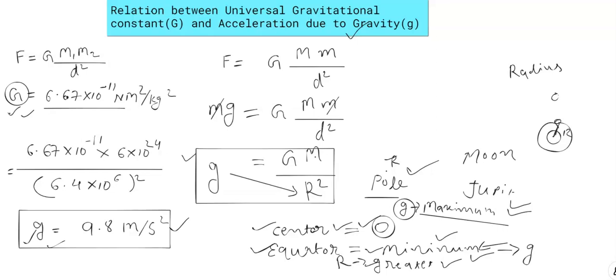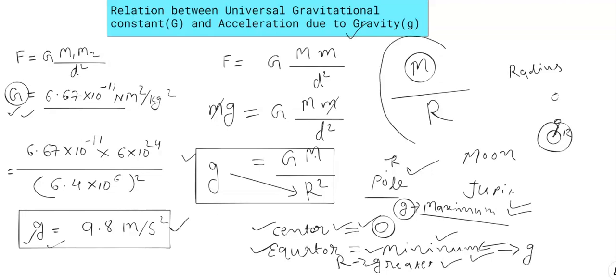So if the question comes on which components the acceleration due to gravity depends, it is the mass of the earth, or the mass of the object which is applying the gravitational force, and its radius.